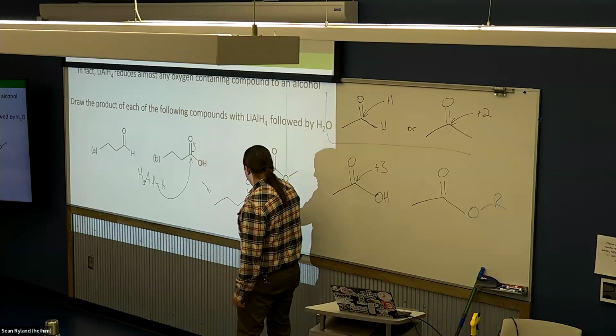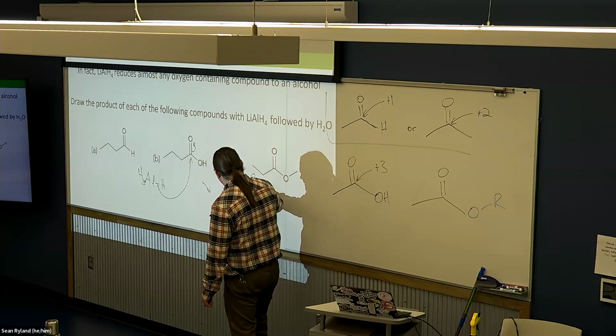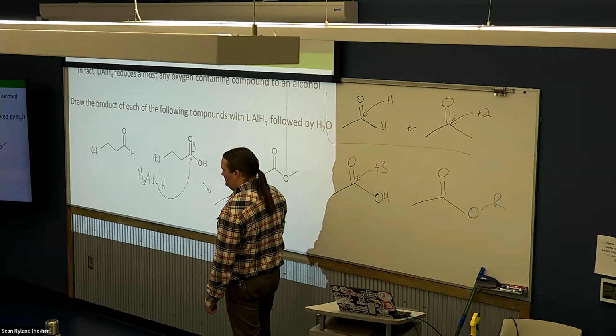So the next step is just your leaving group leaves and you reform the carbonyl bond.